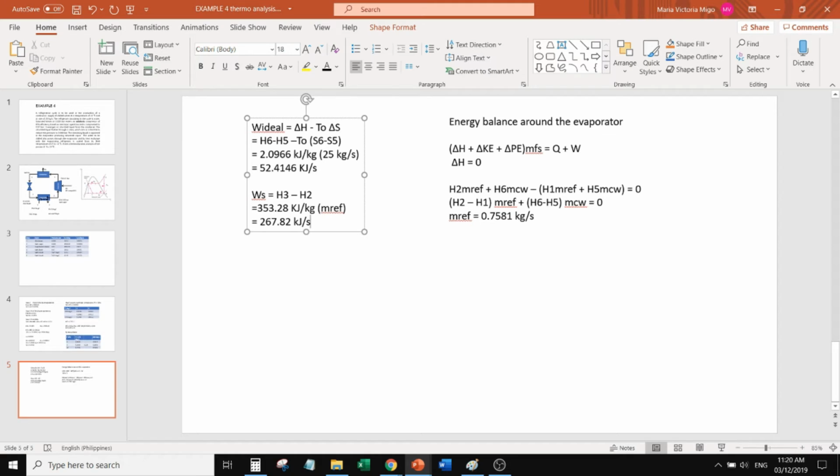Work lost in the compressor. T naught delta S minus Q. So this is equal to the temperature in absolute value, S3 minus S2.